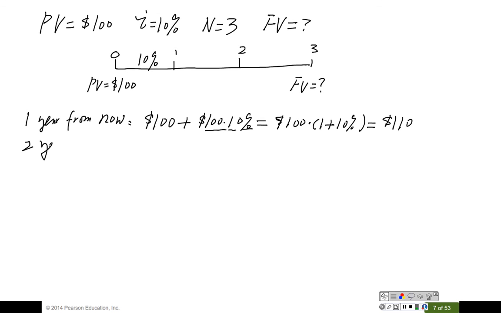2 years from now, how much are you going to have in your account? Keep in mind, after 1 year, the money in your account has become 110. In the second year, you can earn 10% interest on this entire $110. So this equation becomes 110 times 1 plus 10%.